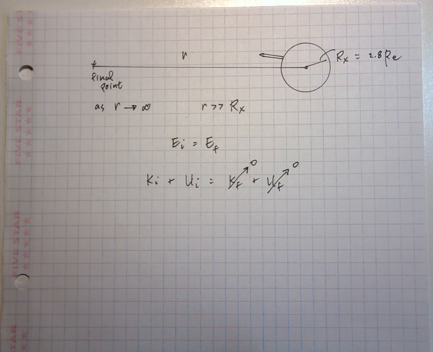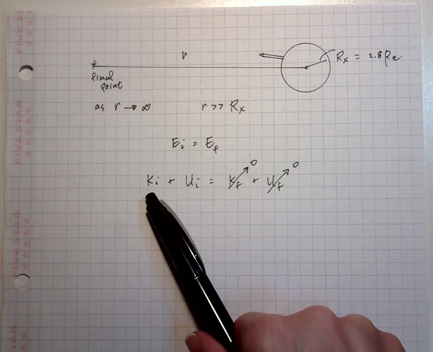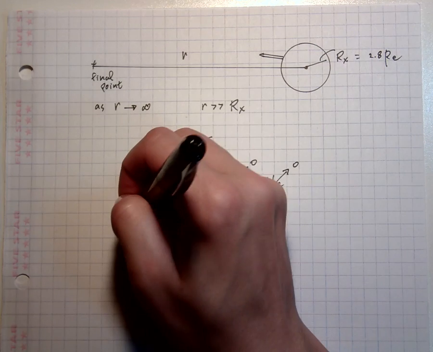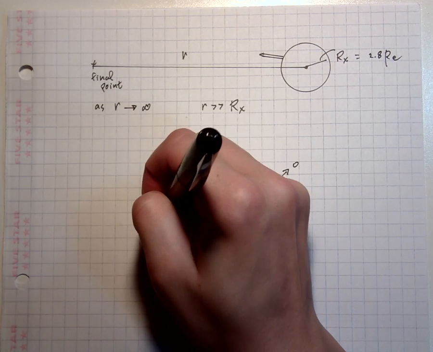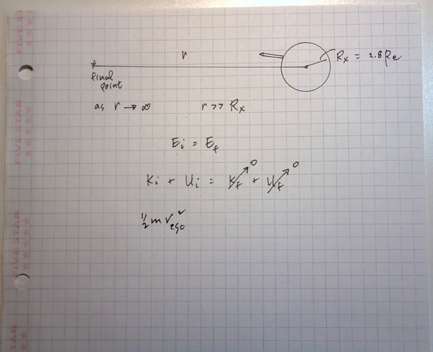So now let's plug in on the left-hand side, because on the left-hand side we've got initial kinetic and initial potential, and we have both of those. So initially, we'll write our kinetic energy term, 1/2 times the mass times the square of your escape velocity.